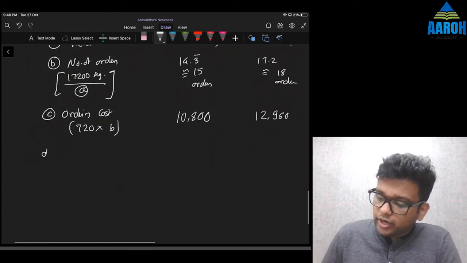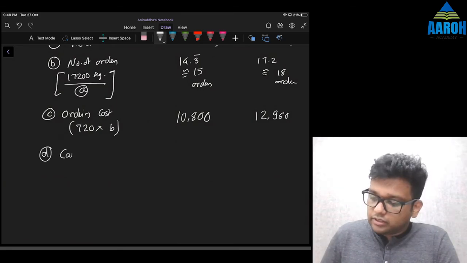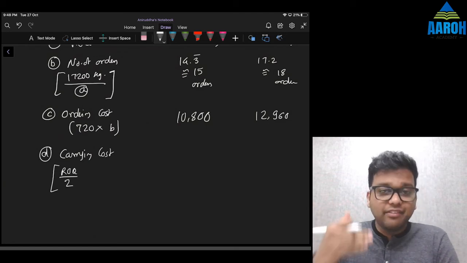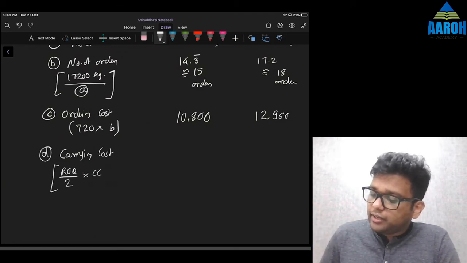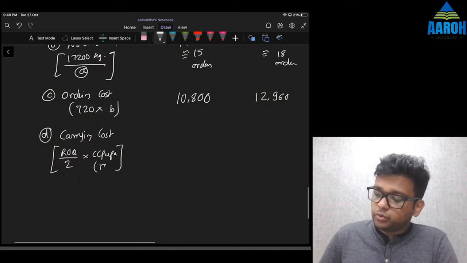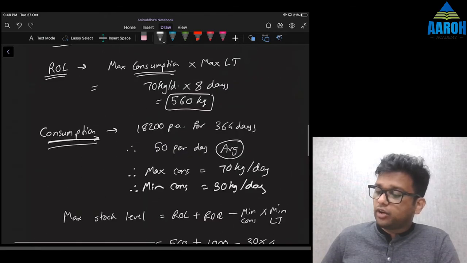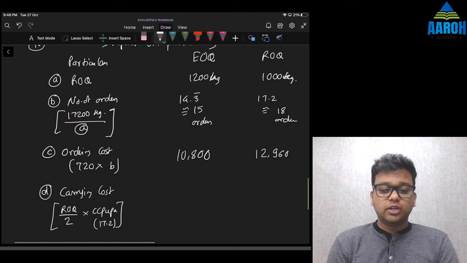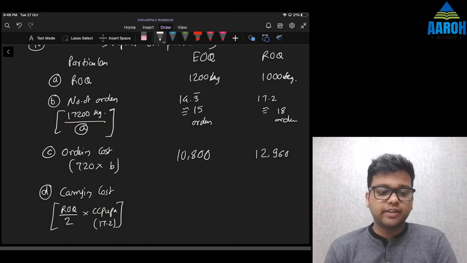Then point number D, carrying cost. Carrying cost is what? ROQ by 2, whatever is ROQ, average, multiplied by carrying cost per unit per annum. Which was 17.2 if you remember, right? Denominator of EOQ formula 17.2. So that will be 1200 by 2 into 17.2.